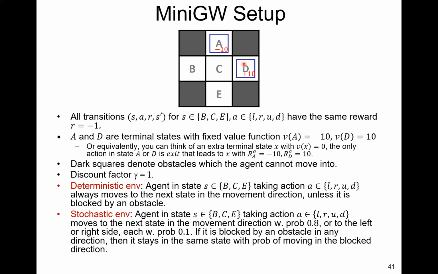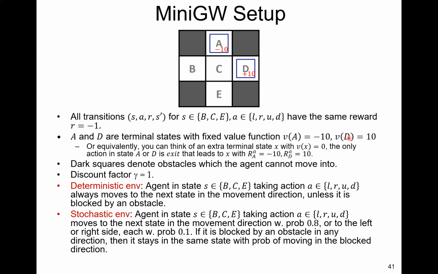That leads to X with reward RA equals minus 10, RD equals 10. So the two views are equivalent. You can think of the actual terminal state, or you can think of the two terminal states with the value functions in them, defined as VA is minus 10, VD is plus 10.